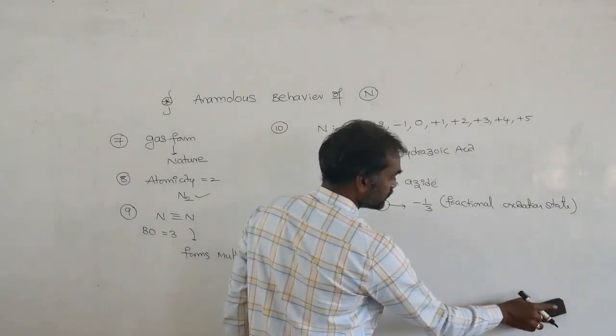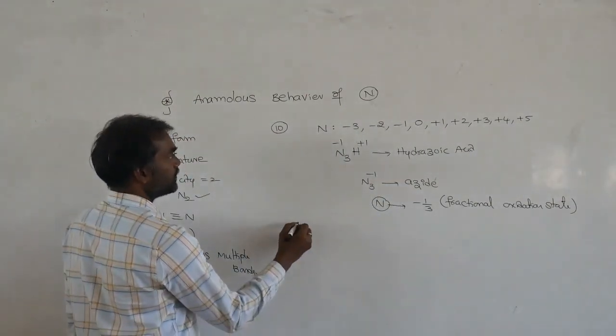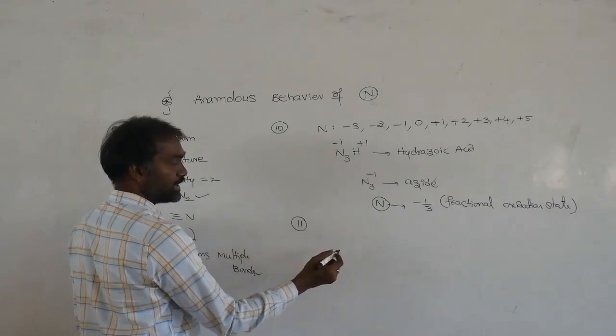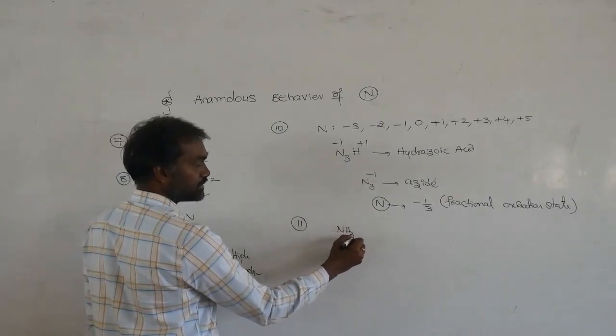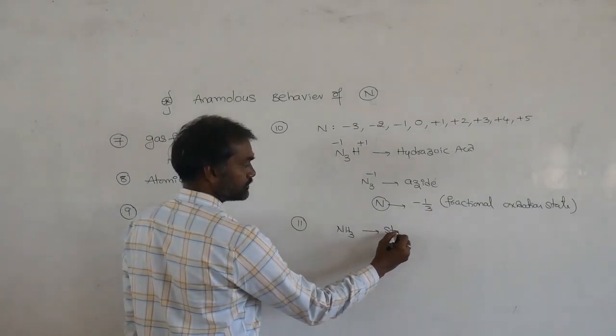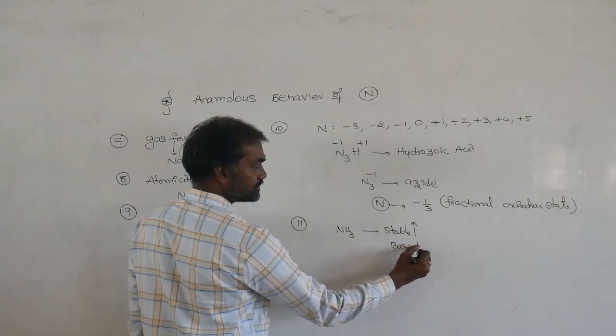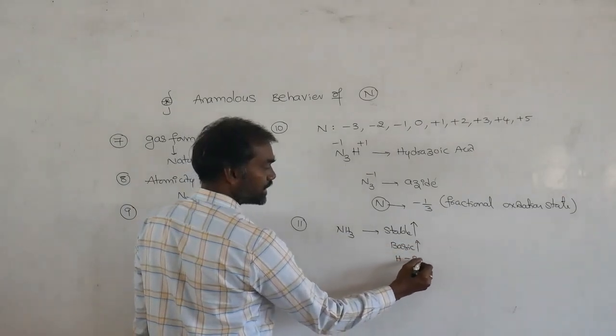Suppose you look at the chemical properties. The hydrogen compound NH3 is highly stable, with a highly basic nature. Next, it forms a hydrogen bond.